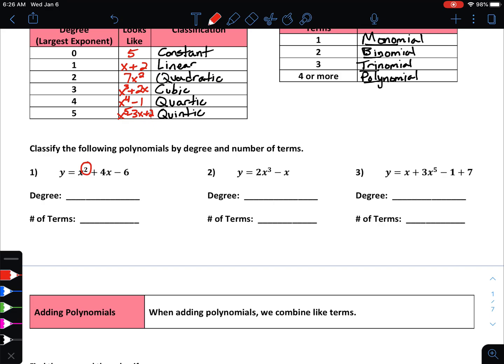Since that's the power of 2, the degree is 2, so our name is quadratic. On number 2, our highest exponent this time is a 3. If you look at your chart up above, this is going to be called a cubic.